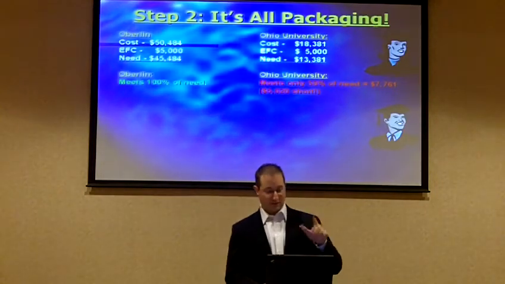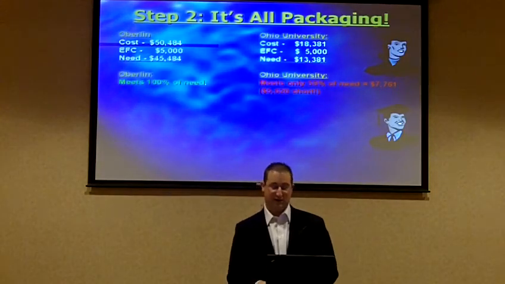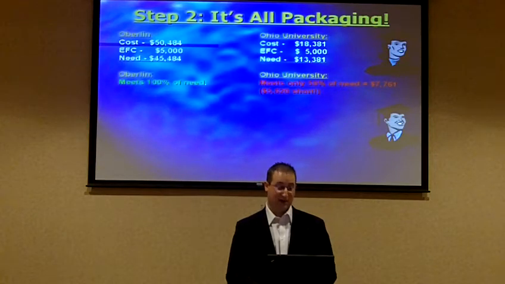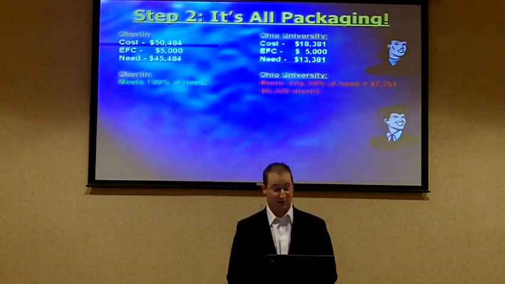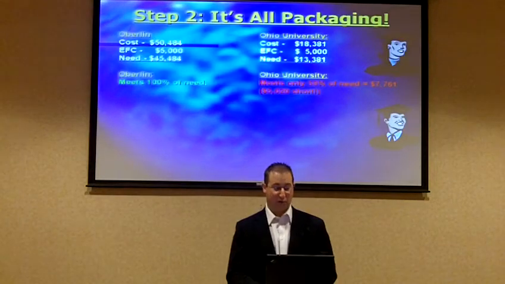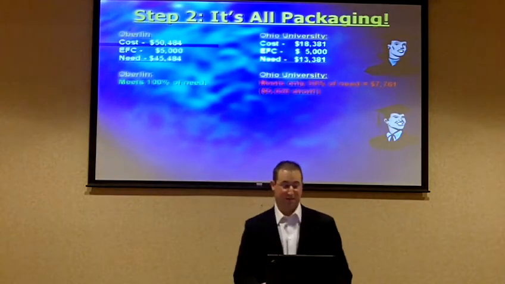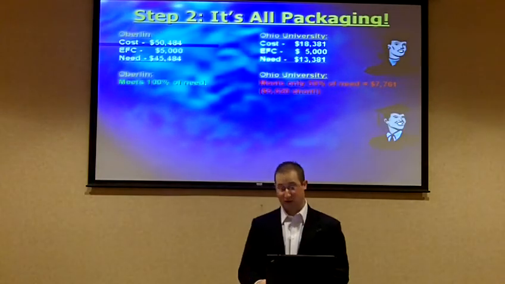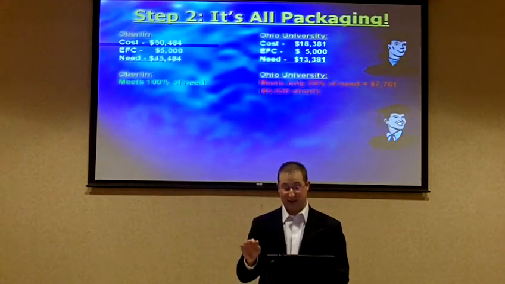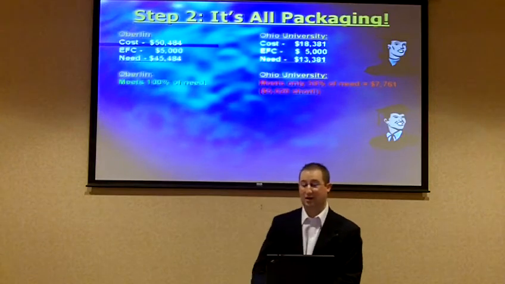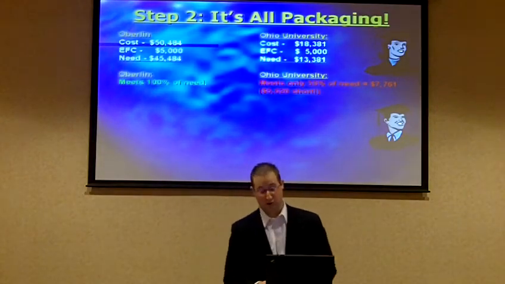So you take your cost of attendance on the Oberlin side, $50,000, minus the expected family contribution of $5,000, giving you a remaining need of $45,000. Now Oberlin is going to meet 100% of that need. On the other side, Ohio University, start with the cost of $18,000, subtract out the $5,000 for your expected family contribution.